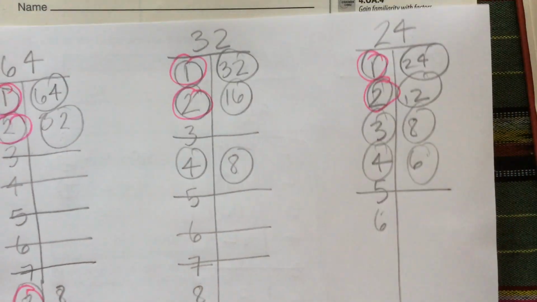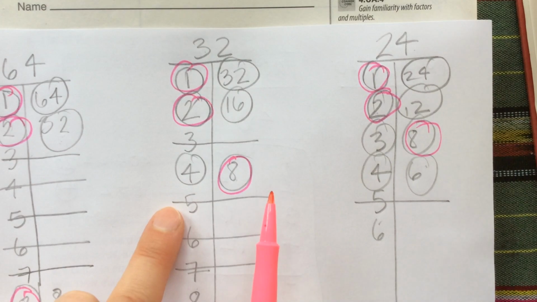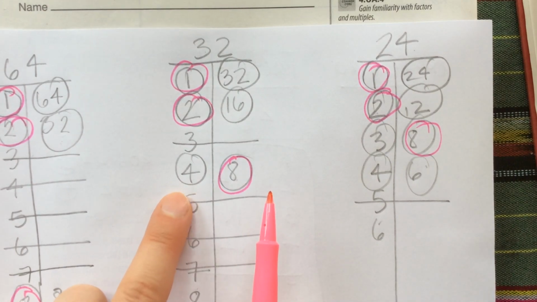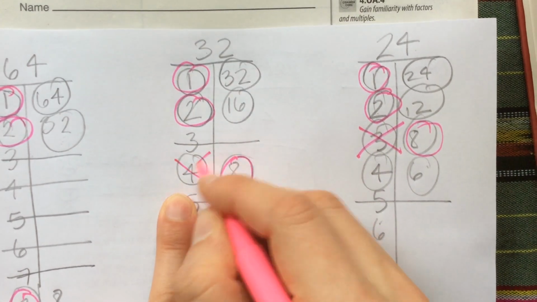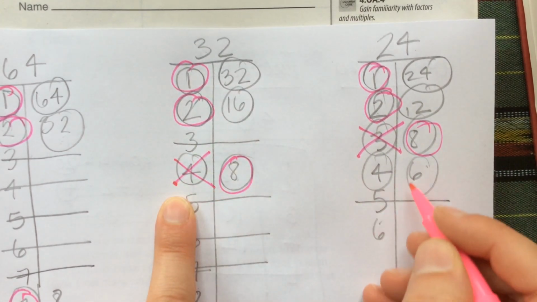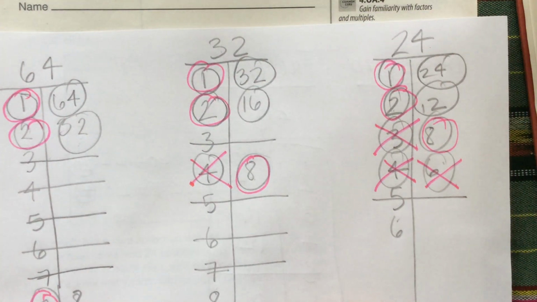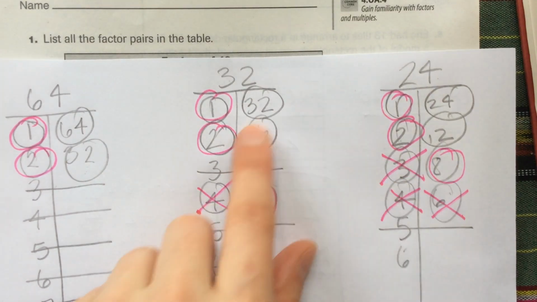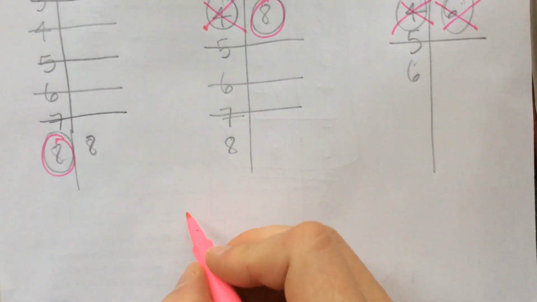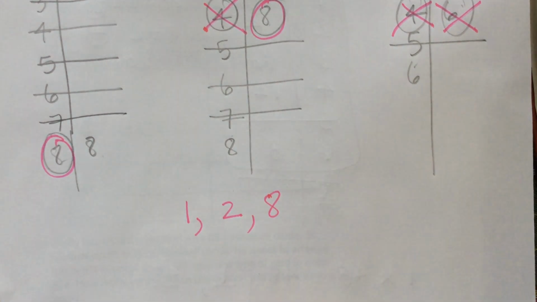Okay, sorry. 8, 8, 8. 3 does not show up in all of them. 4 does not show up in all of them. So 3 is a nope. 4 is a nope. 6, nope. 8, we already did. 32 is not showing up in this one. Okay, so what do we have then? We have 1, 2, 8, and that's it.